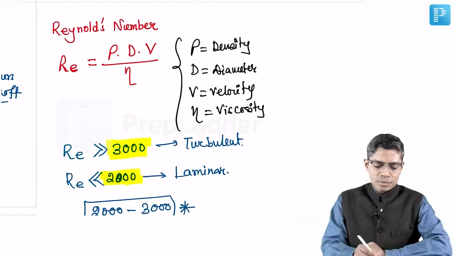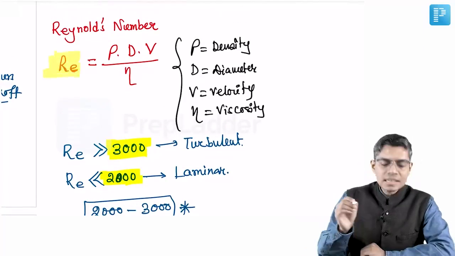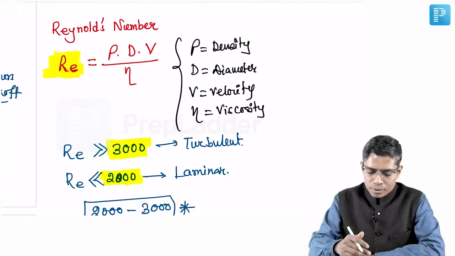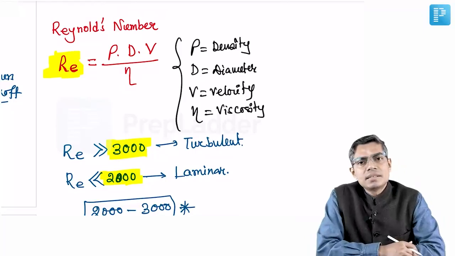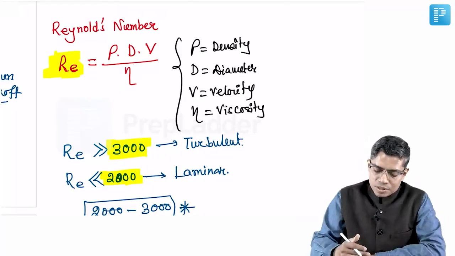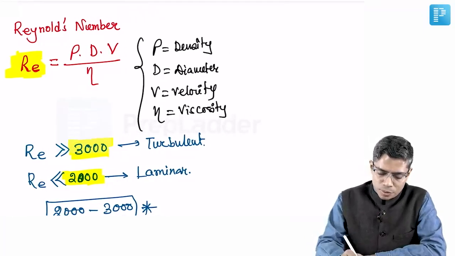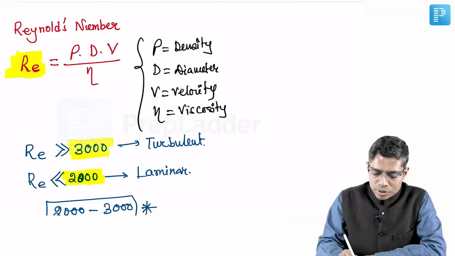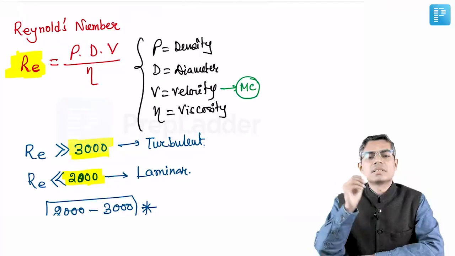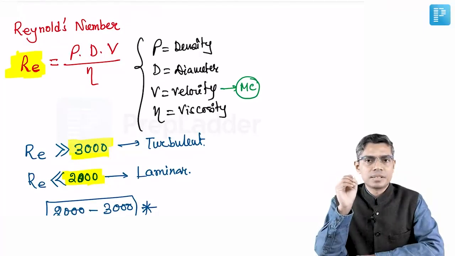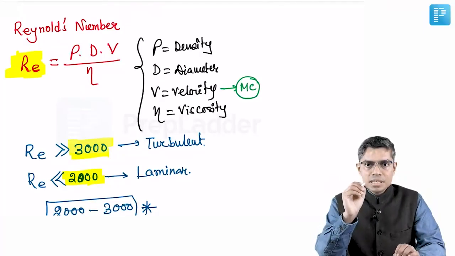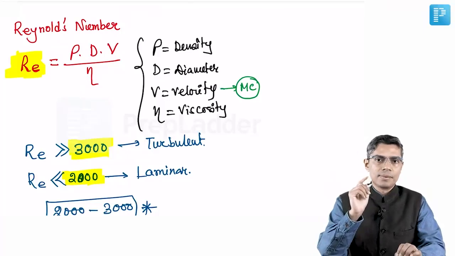Now, during calculation of the Reynolds number, if I ask that there are 4 different parameters deciding the Reynolds number, among these 4 parameters, which is the most important parameter? Remember, the most important parameter is the velocity. So velocity is the most important determinant of turbulent flow.